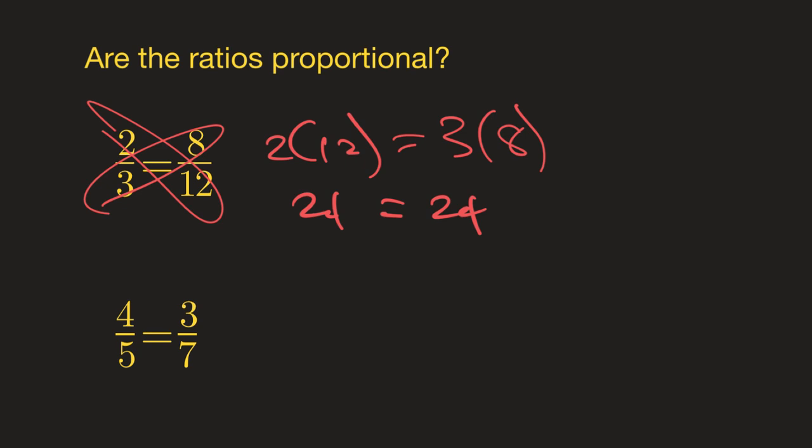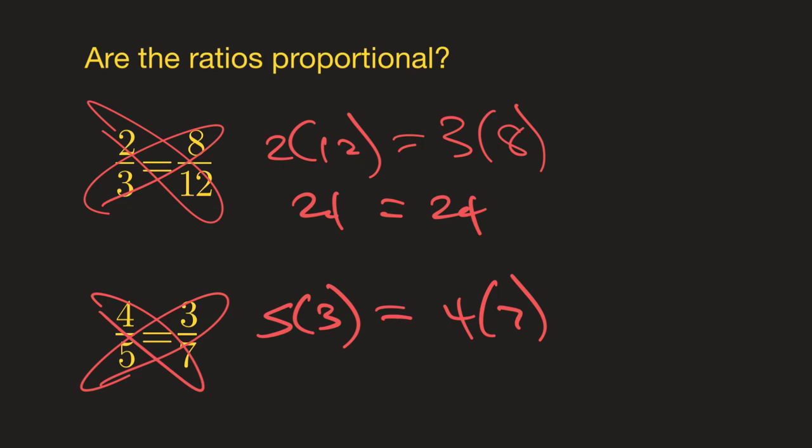But this is how we can test to see if a couple of ratios are proportional. Everybody good with that first one? Okay, so let's go to the second one. We've got 4 over 5 is equal to 3 over 7. This time, just for whatever reason, I'm going to go 5 times 3 first.